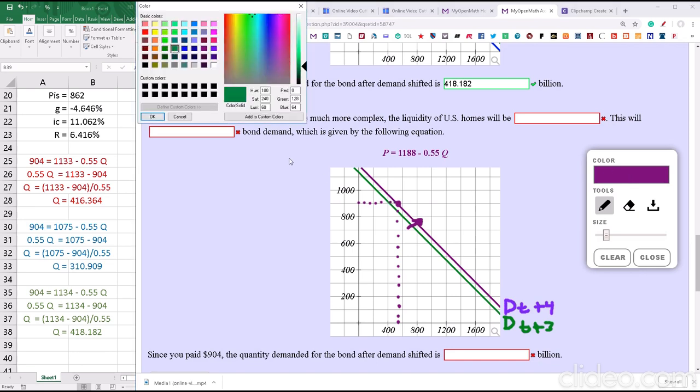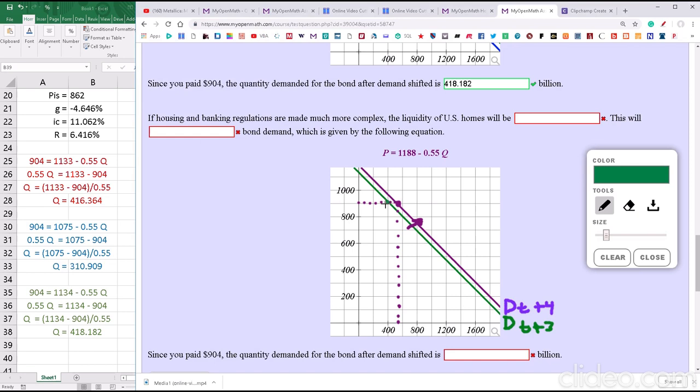Change that back to green. Put a big dot right there. Come straight down. So this value is 418, right? 418.